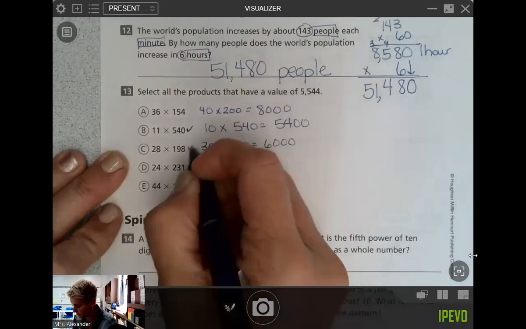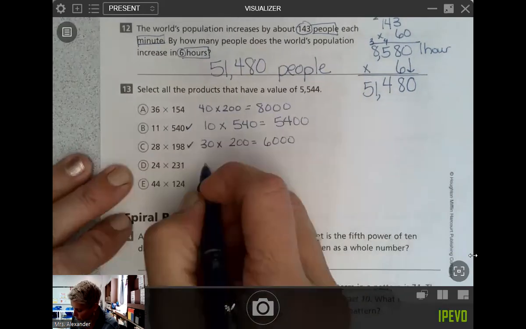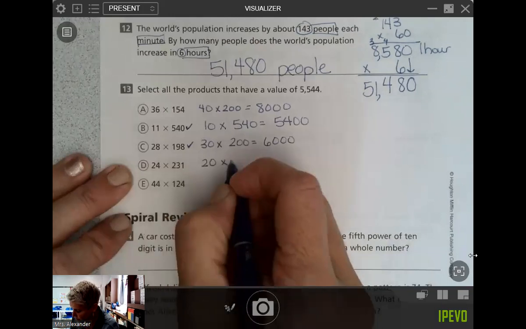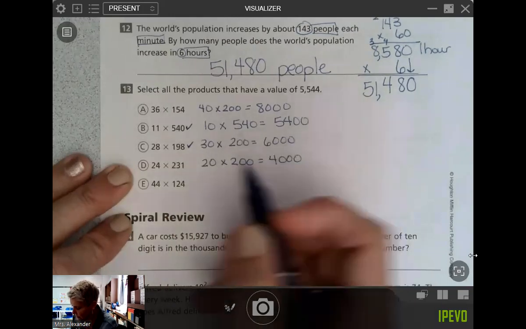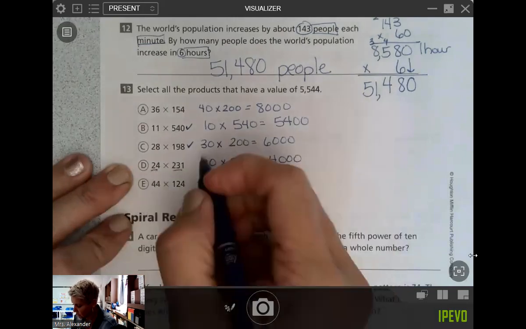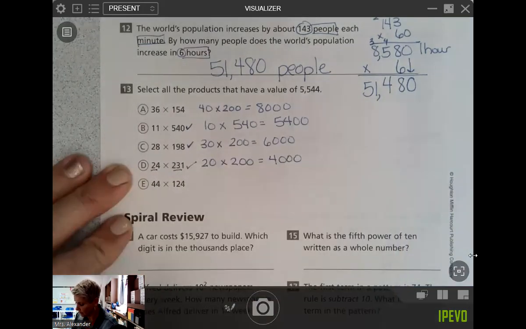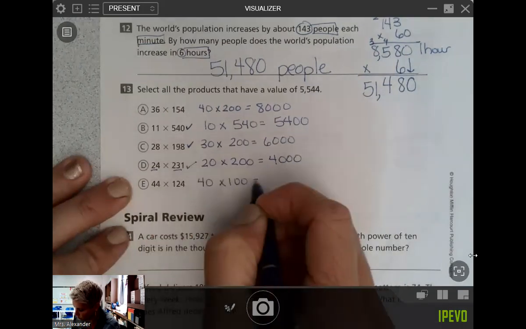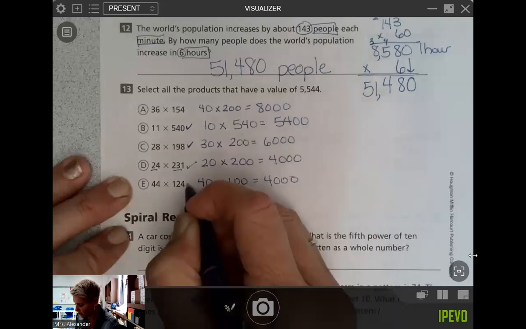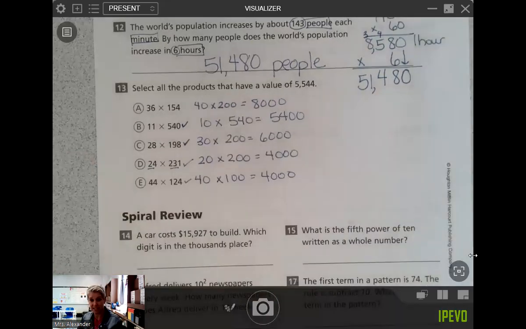That's pretty close. 20 times 200 equals 4,000. I rounded both of these down, so I think I want to check that one. And then 40 times 100 here is 4,000. I probably want to check that. I might as well check them all, but at least it gives me a little bit of an idea.